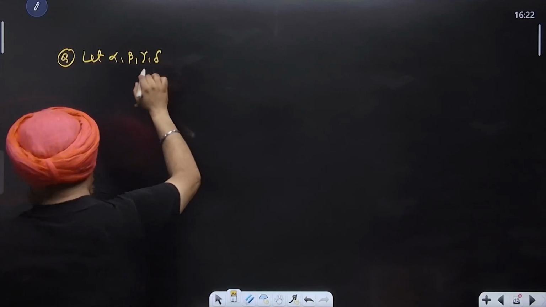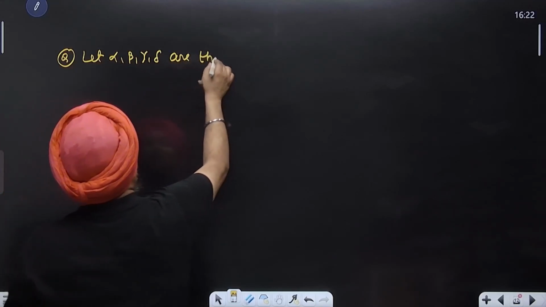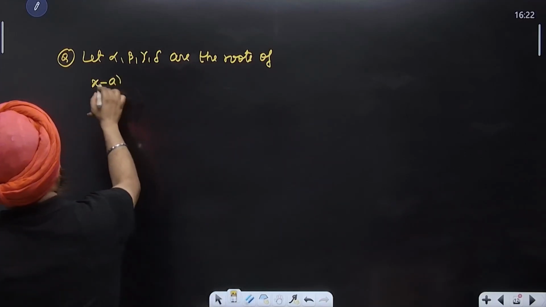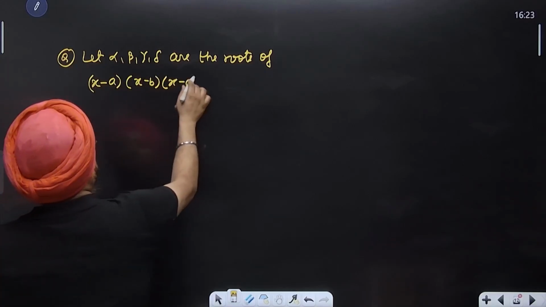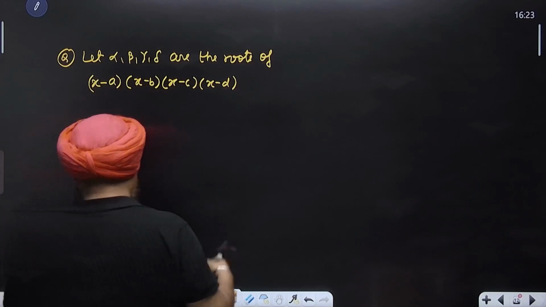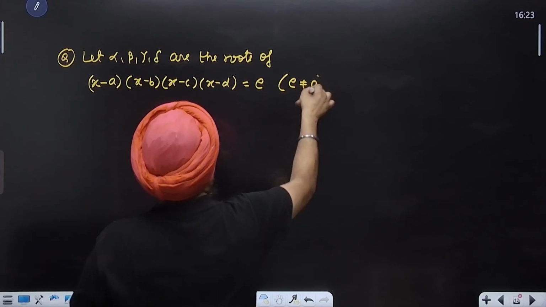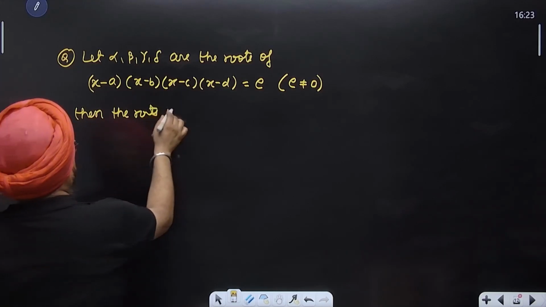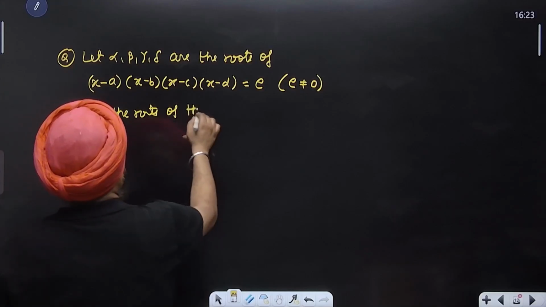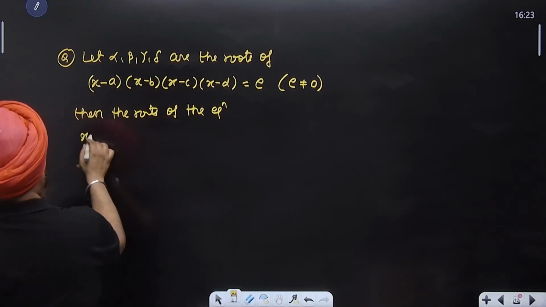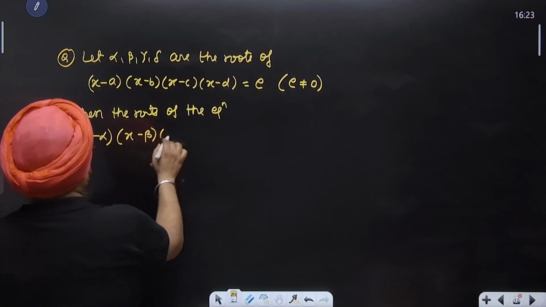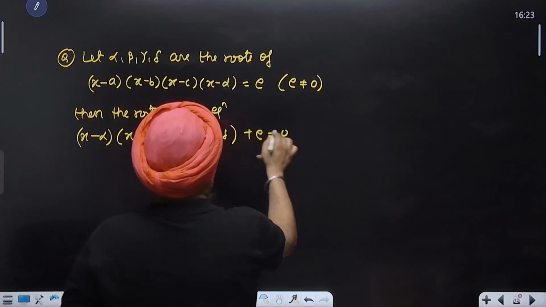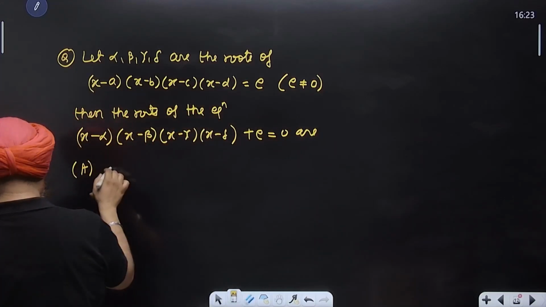Let alpha, beta, gamma, delta be the roots of the equation, then the roots of the equation x minus alpha, x minus beta, x minus gamma, x minus delta plus e equal to 0 are, and we are given 4 options.